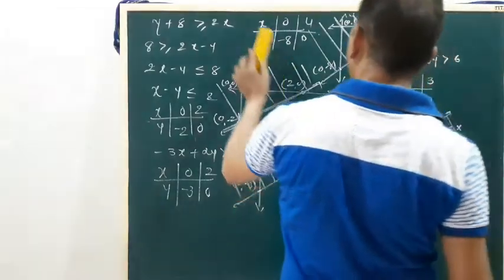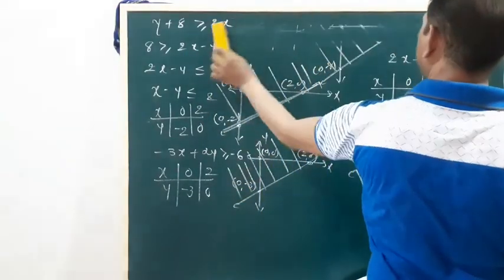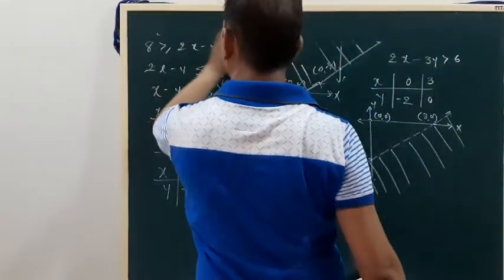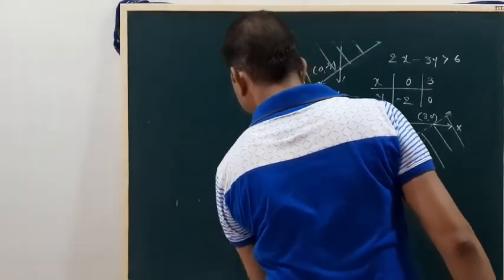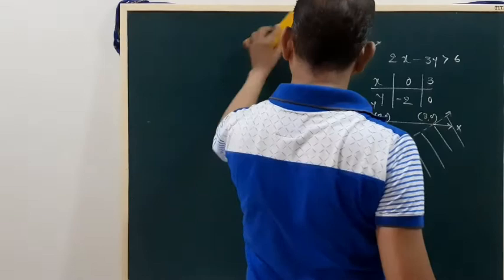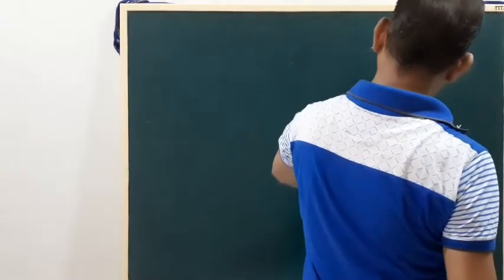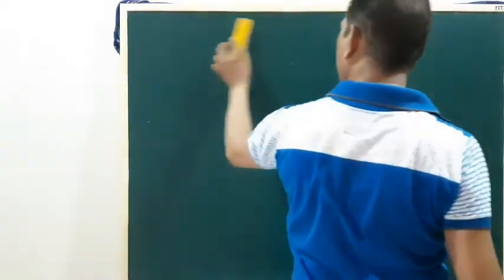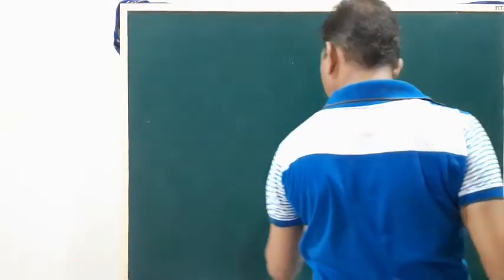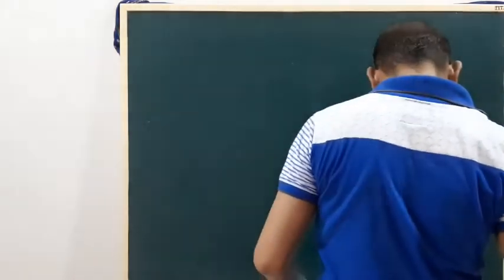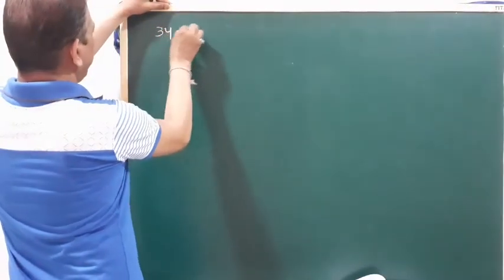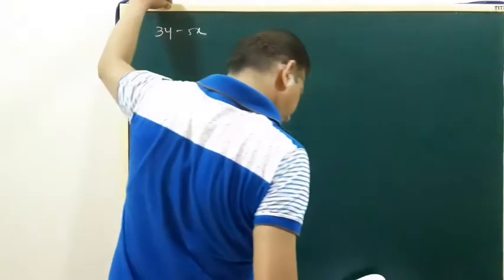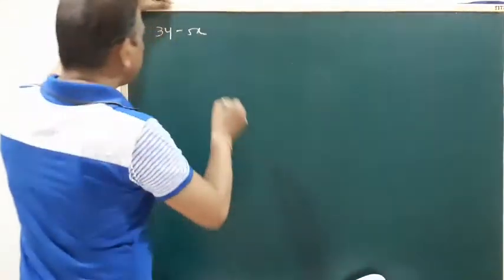Now question 8; 9 and 10 are already completed. 3y minus 5x less than 30.